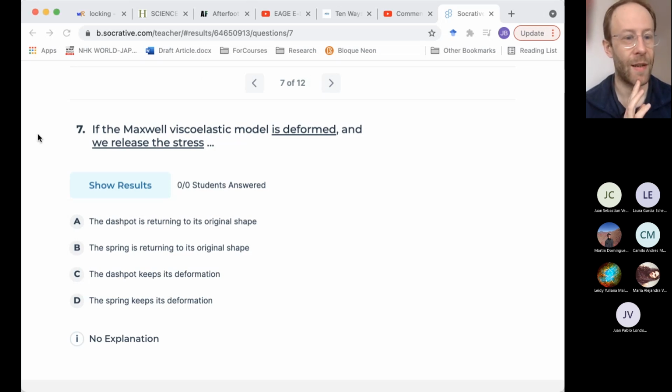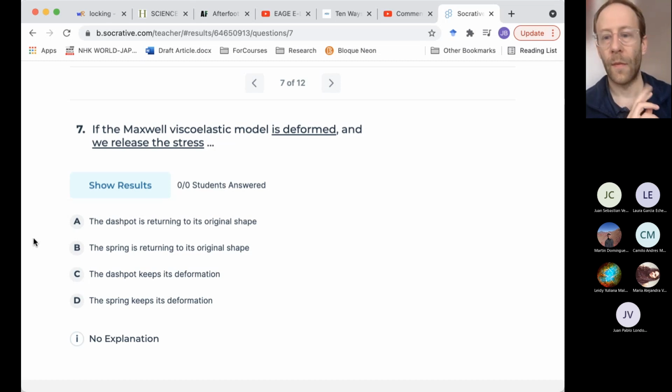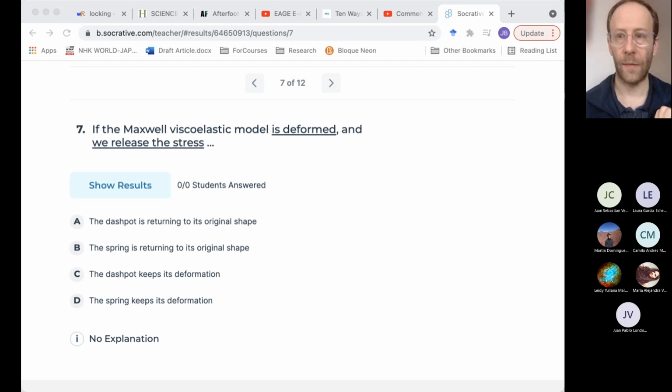Okay. But Juliana also answered in the chat. Okay, so Juliana put basically B and C, I think, if I read correctly. So everybody agrees with Juliana in this case?